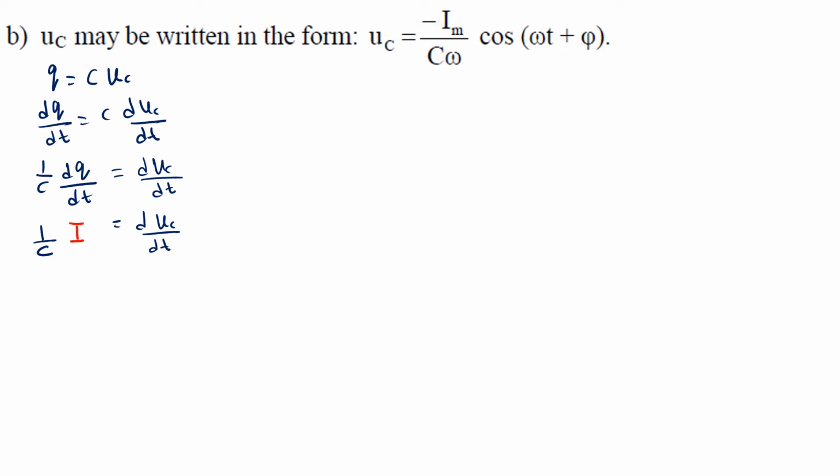Now we will integrate both sides, so it will be the integral of 1 over C i dt is equal to the integral of dUC by dt. 1 over C is a constant, we keep it out. The integral of i dt is equal to the integral of dUC by dt, which is UC.